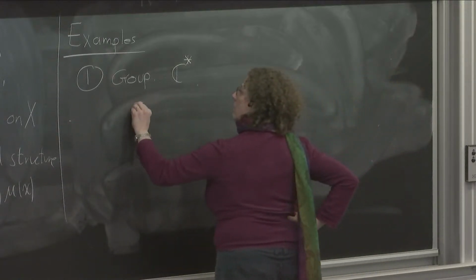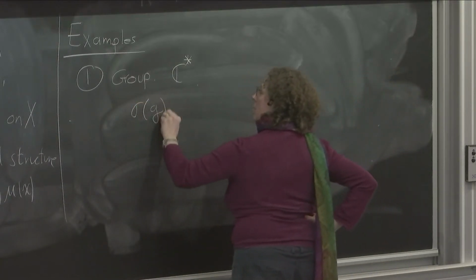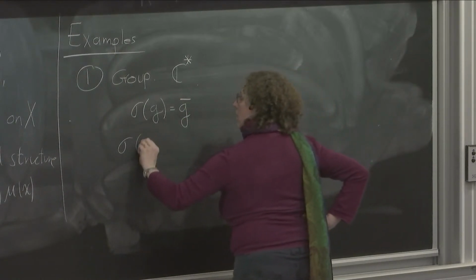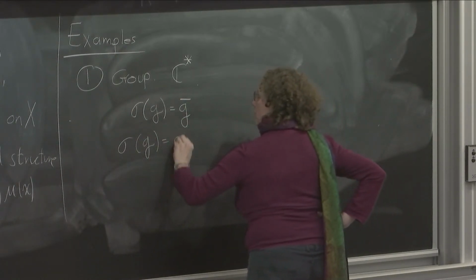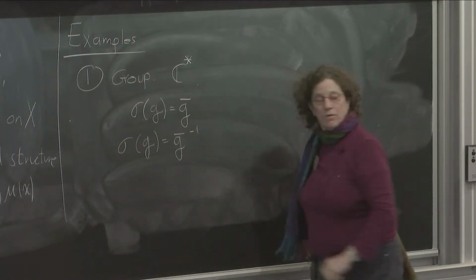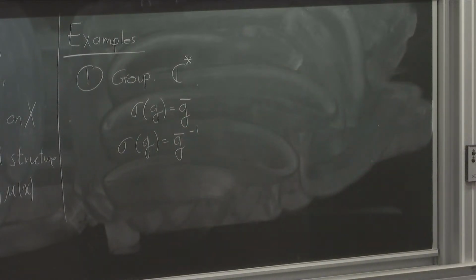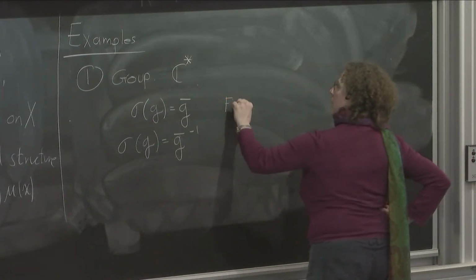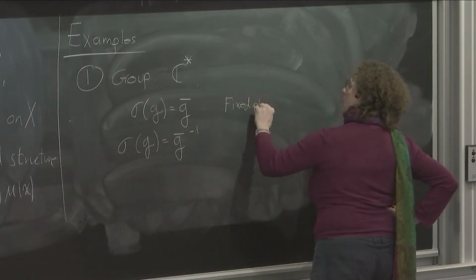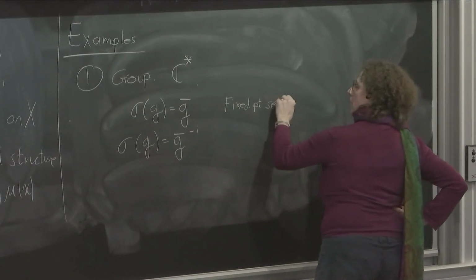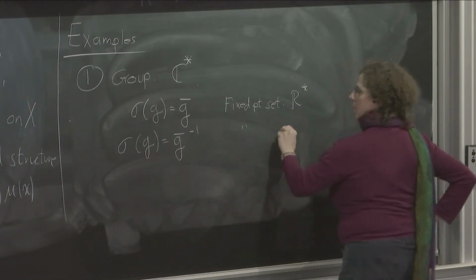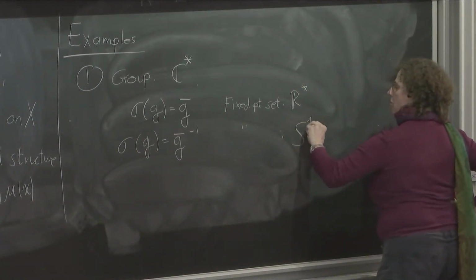There's sigma of G equals G bar, and there's sigma of G equals G bar inverse. If I look at the fixed point sets, here I get R star, and here I get a circle.